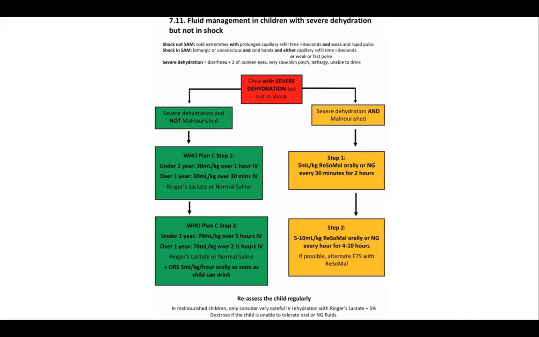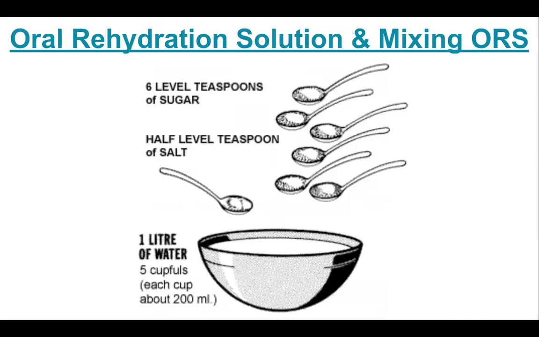So in children with severe dehydration but not in shock, if the patient is not having malnutrition, we can give Ringer's lactate or normal saline for the step 1 treatment. And after that, you can also consider oral rehydration solution. If you don't have ORS, you can always use salt and sugar to mix oral rehydration solution.